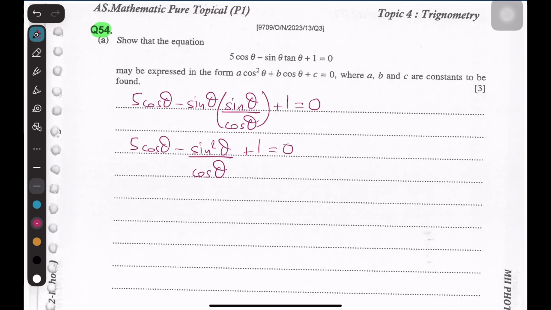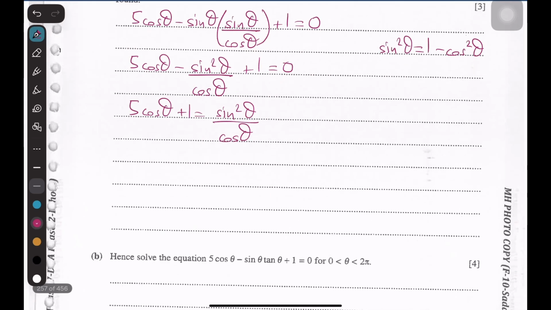Now remember, whenever you have sin square, you need to convert it to cos because our required equation only has cos. So we'll use sin square theta equals to 1 minus cos square theta. We could also shift sin square theta upon cos theta over here, and 1 over here.